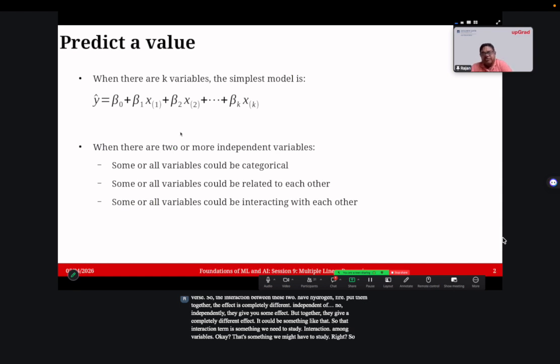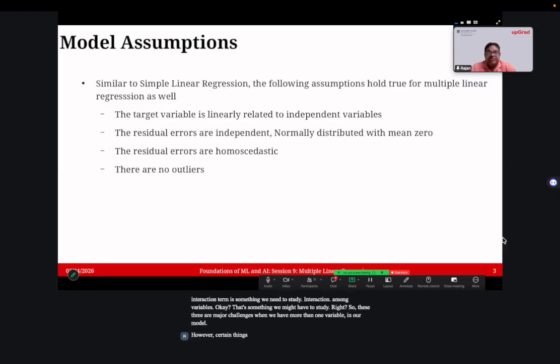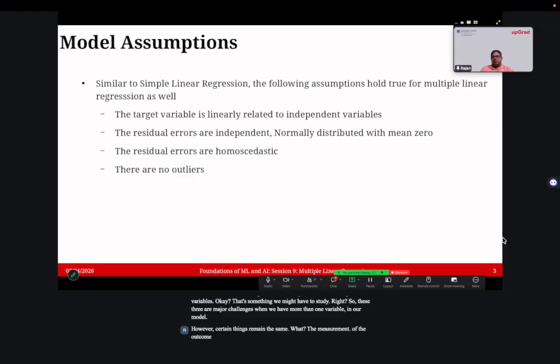So these three are major challenges when we have more than one variable in our model. However, certain things remain the same. What? The measurement of the outcome variable. It's still y hat is some function of the x plus some error. The assumptions about the error, they do not change. What is it?